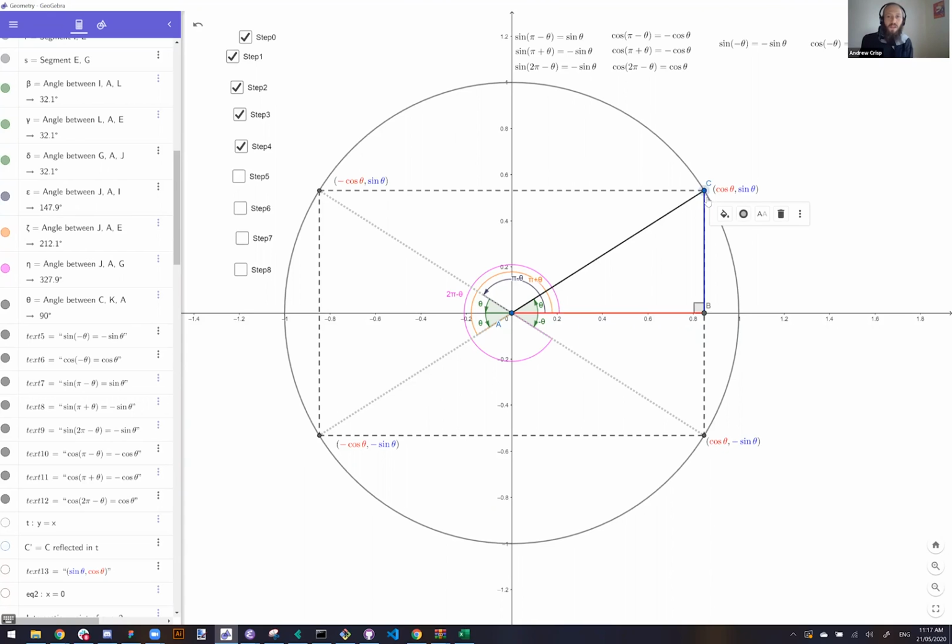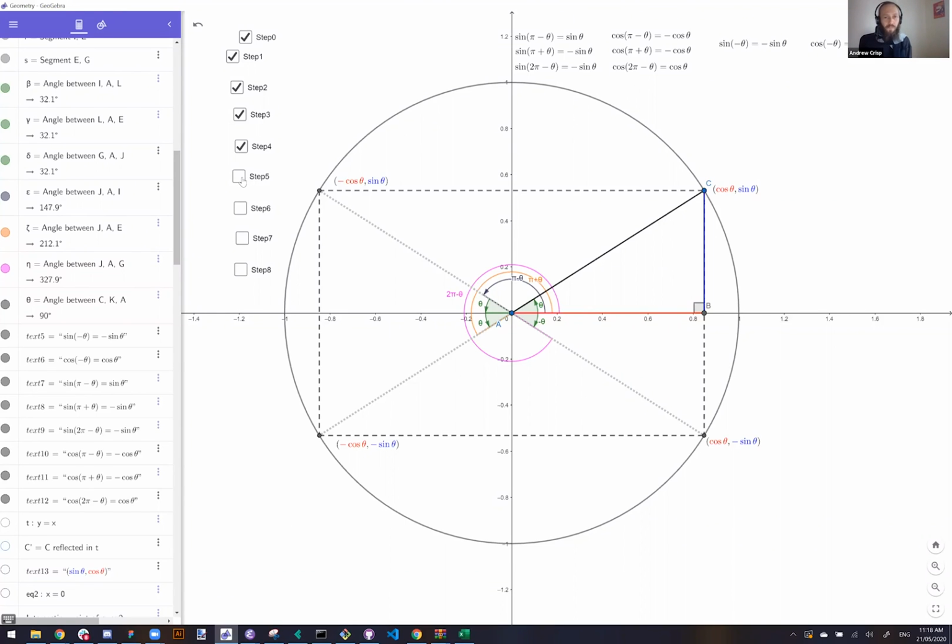And I can just tell, compared to this point, this one has the same height, and these 2 points have the negative of that height. These 2 points have the same horizontal distance, and these 2 points have the negative of that horizontal distance. And by thinking about this picture, you'll be able to pull out whatever identity you need when you need it. And pictures are a lot easier to memorize than a list of equations.